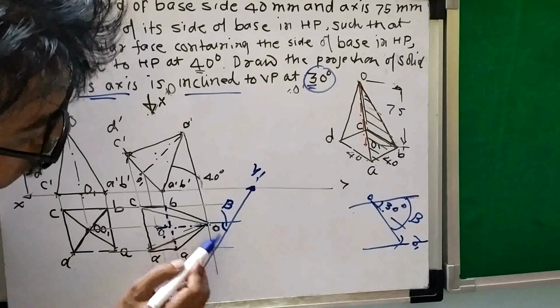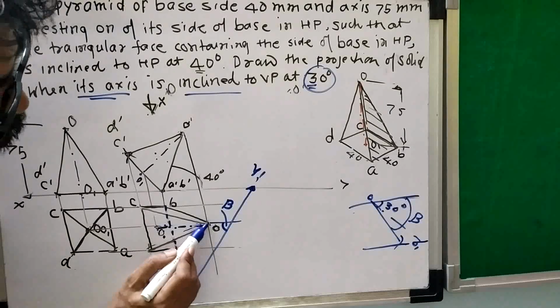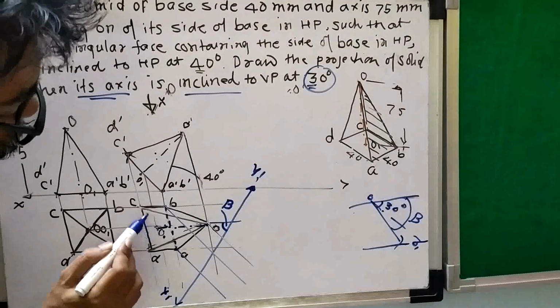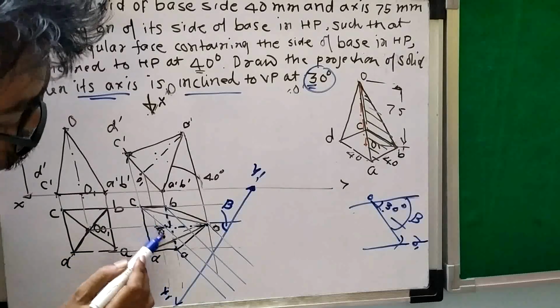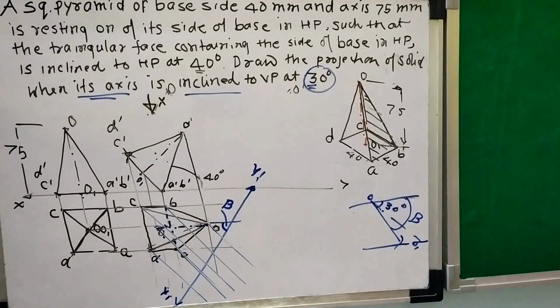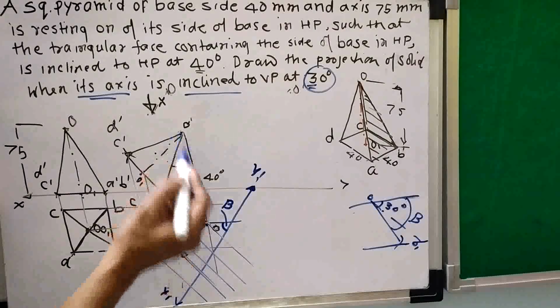So from each point I will draw perpendicular lines. So from O, B, A, C, O1 and D. I will project this and I will mark the distances of previous points.